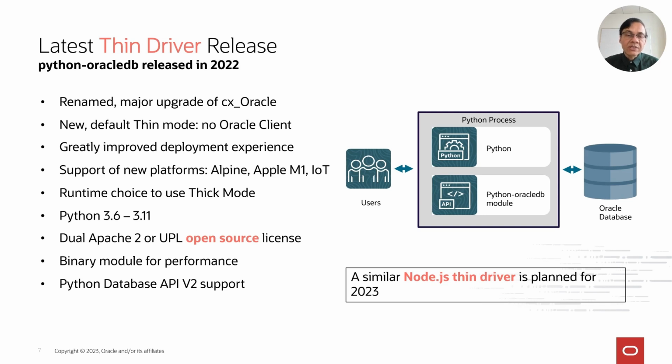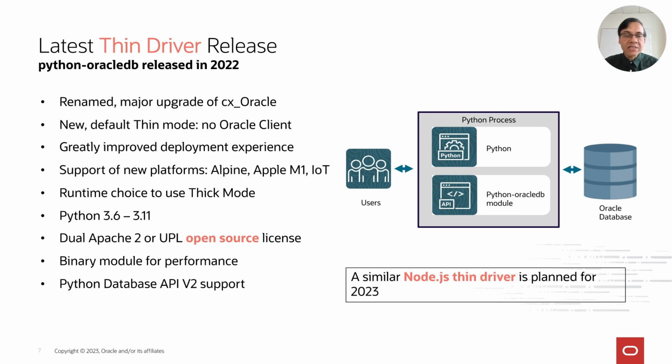Now, as we already have Java and .NET thin drivers for a long time, we have just released last year the Python thin driver. It is a major upgrade to our cx_Oracle driver.